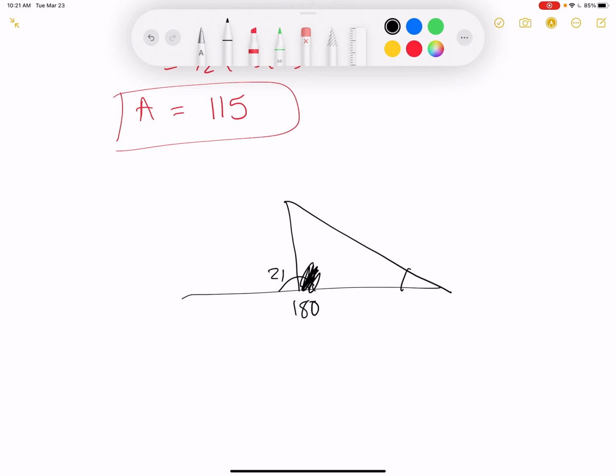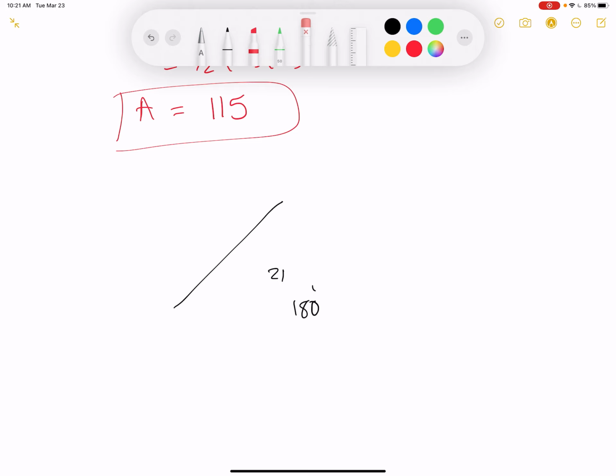We need the whole triangle and then we need the smaller one. So we need this one and then this one, and these two are reference angles. Yesterday we did 180 minus 42 on the triangle, which was the reference angle. It's fine. I understand.